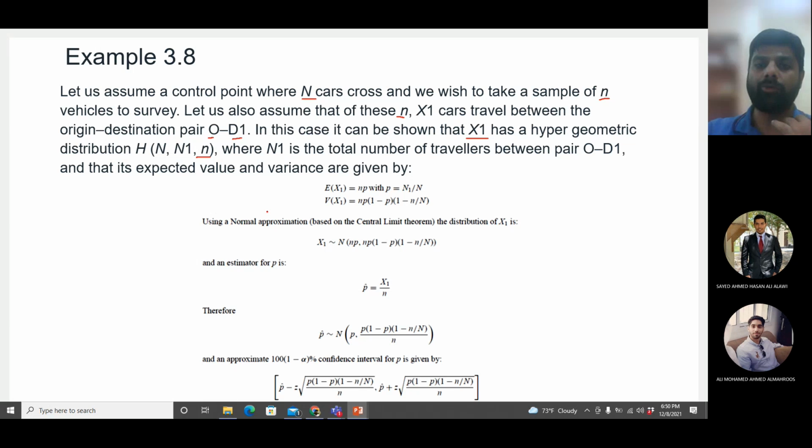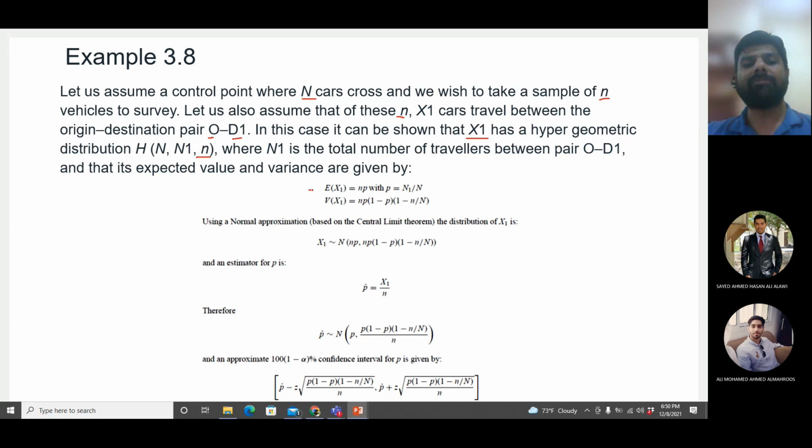I want to find out the probability that I will get x1 cars of this type in n cars, small n cars. So this is the purpose of geometric distribution, to find out the number of successes in a specific number of trials. I already explained it.